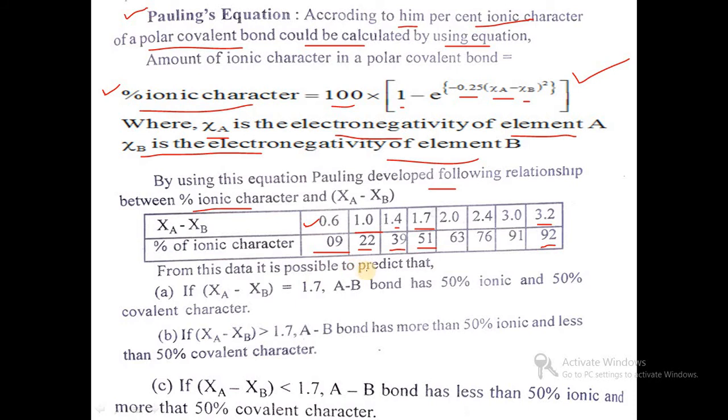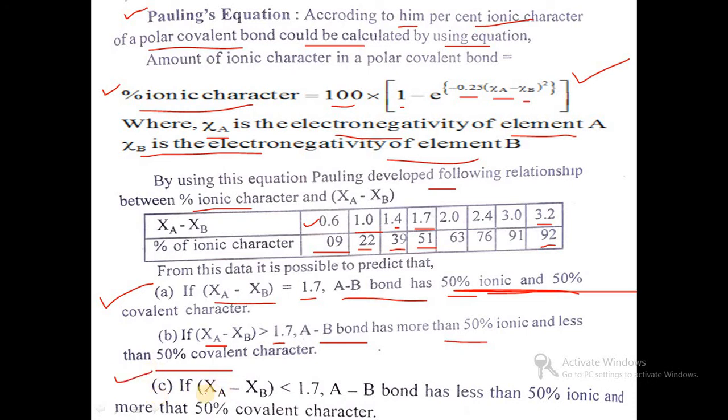From this data, it is possible to predict three conditions. First, if the electronegativity difference is 1.7, then the AB bond has 50% ionic character and 50% covalent character. So this is a middle term. If the electronegativity difference is greater than 1.7, then the AB bond has more than 50% ionic character and less than 50% covalent character.